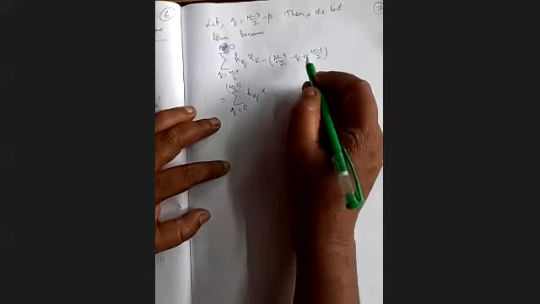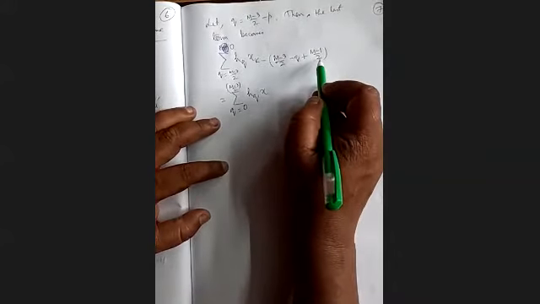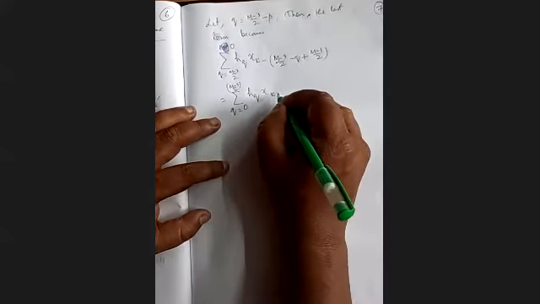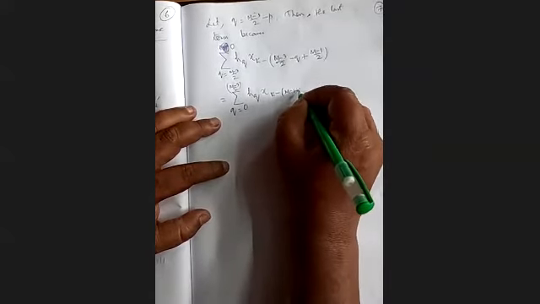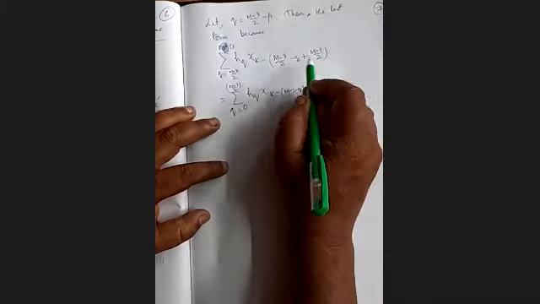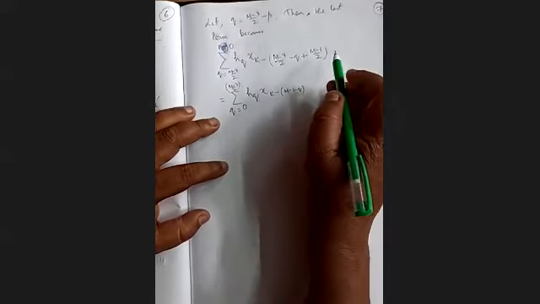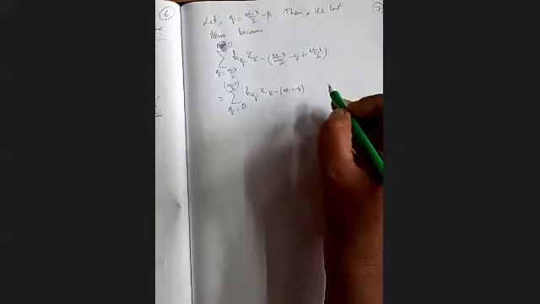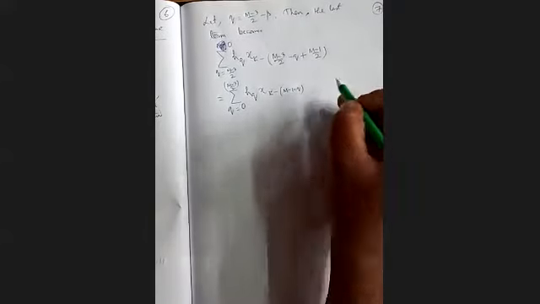Now if you simplify, you will get M minus 3 by 2 plus M minus 1 by 2. So ultimately it becomes k minus M minus 1 minus Q. So if you add them, M by 2, M minus 3 by 2 minus half, so ultimately it is M minus 1 minus Q. Clear?